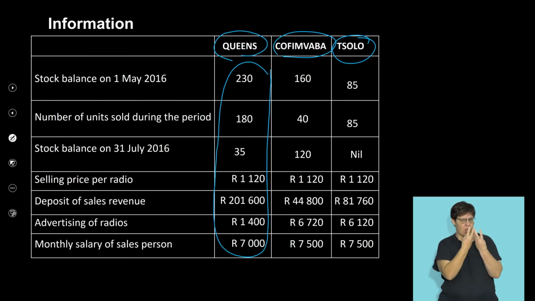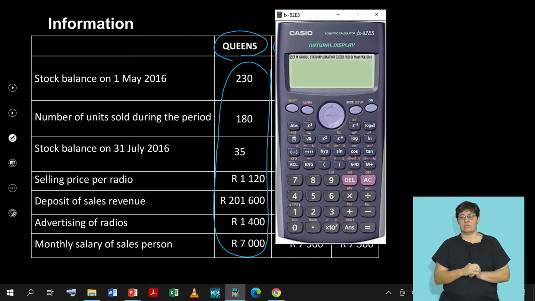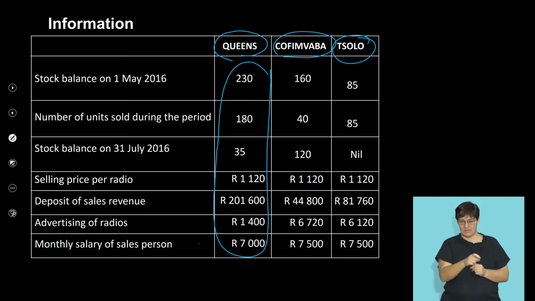Now let's look at that. If your stock balance is 230 and you sold 180 units, meaning you're supposed to have 50 units on hand. Clearly you can see that that is not the case because your stock balance is only 35.